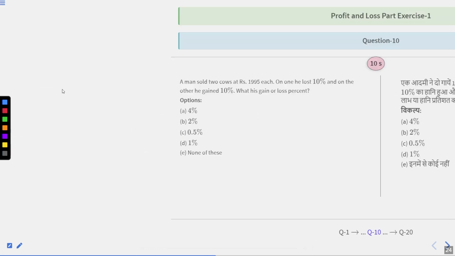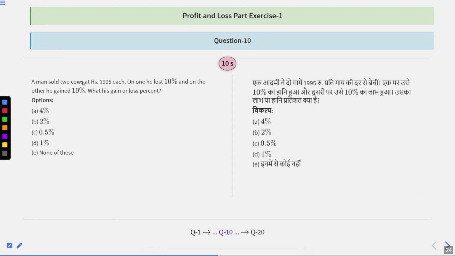Next one is, a man sold 2 cows at rupees 1995 each.